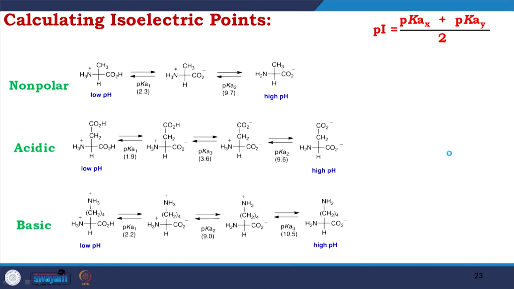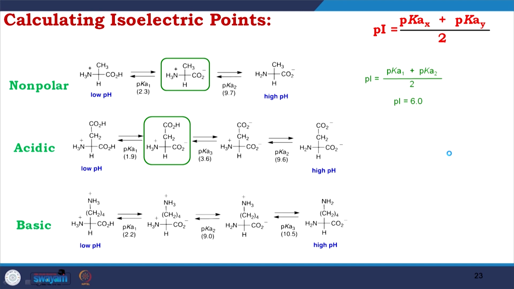For non-polar, you see that at low pH it is NH3 plus, then at high pH it is CO2 minus, in between it is the zwitterionic form. So, the Pi is pKx plus pKy over 2. Here it is 2.3 plus 9.7 by 2, which is 6.